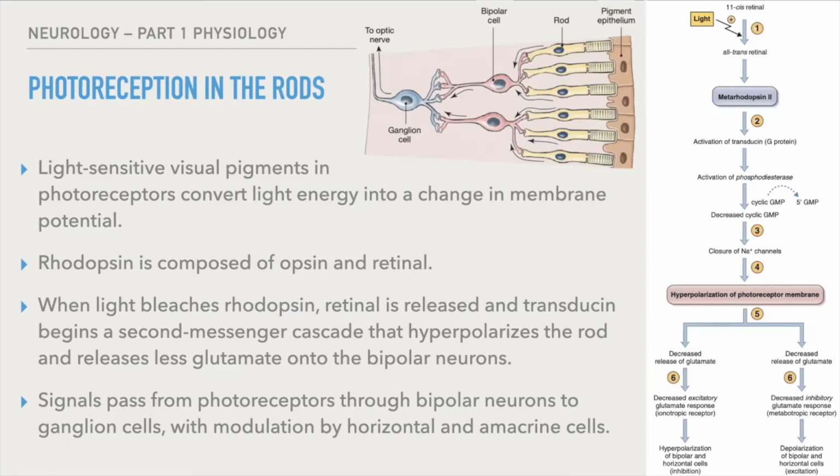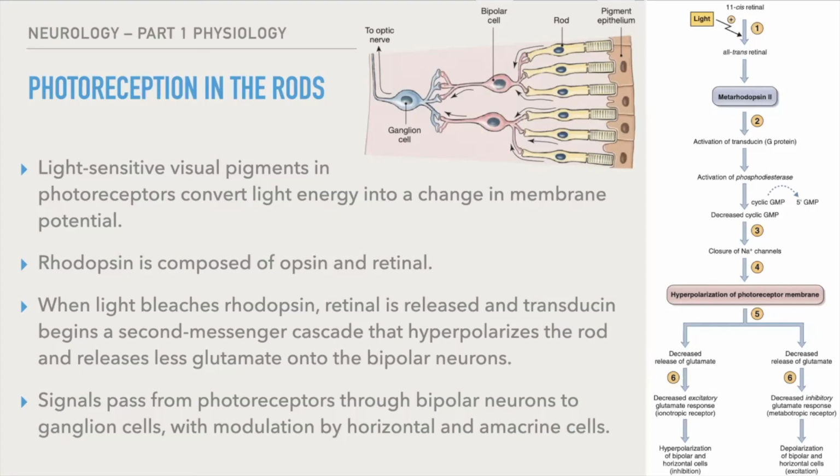And in this reaction, several intermediates are formed, and one of them is called metarhodopsin 2. The metarhodopsin 2 activates the G protein, which in turn activates phosphodiesterase. And the phosphodiesterase catalyzes the conversion of cyclic guanosine monophosphate to 5'-GMP, and cyclic GMP levels will decrease with this reaction.